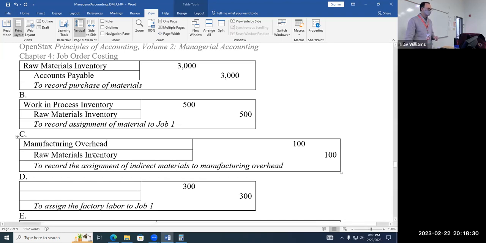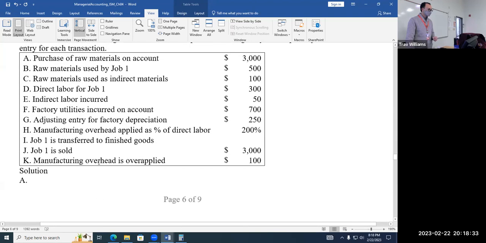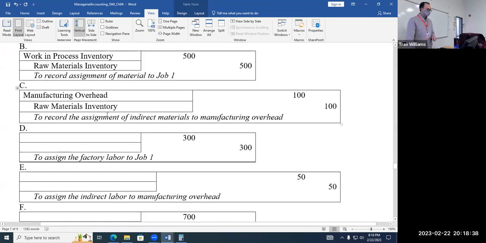So it includes the indirect materials. Then we've got direct labor for this job. So again, they usually call that factory wages payable. And if it's direct, it goes into work in process inventory. For E, there's some more labor, but it's indirect, so it's going into manufacturing overhead.